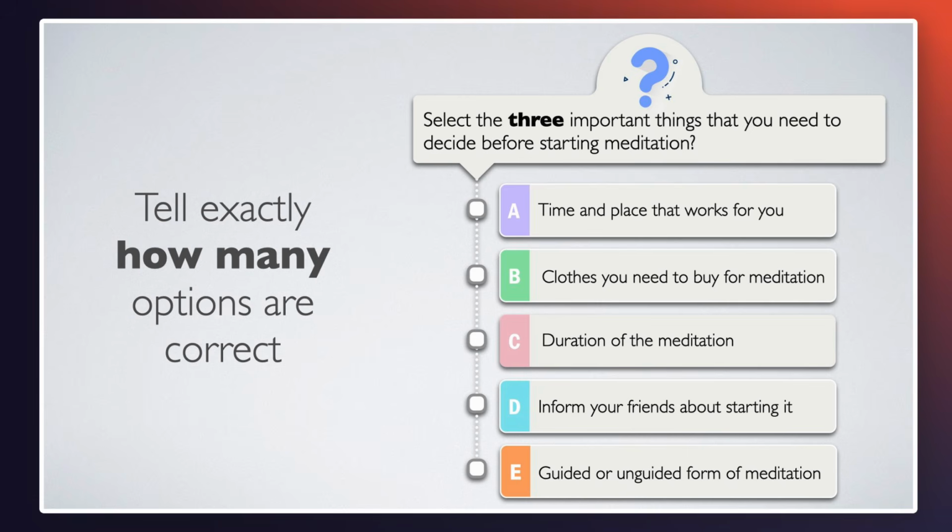Now, "all" can mean that one of them can be correct, two, three, four, or all five can be correct. That makes your questions very, very complex for the learners. They don't know, and the probability of them getting the question right reduces a lot. So mentioning that you have to select three correct answers is very important. If there are three correct answers, mention it in the question stem.